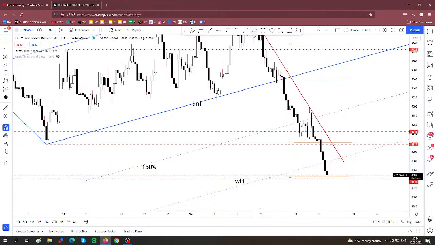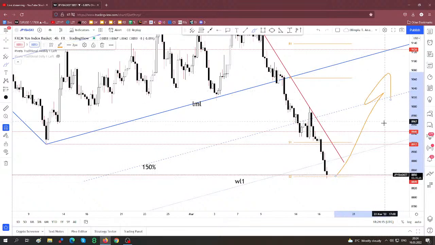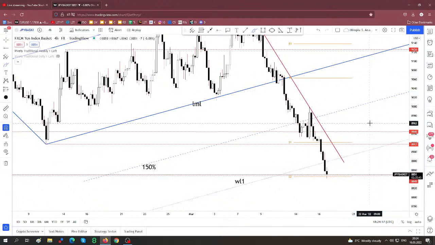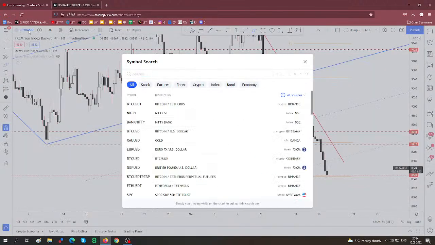But if the yen basket develops a major reversal pattern, guys, and confirms and signals something like an upside reversal, then we could look for Japanese yen longs. Okay, but right now we'll have to wait.